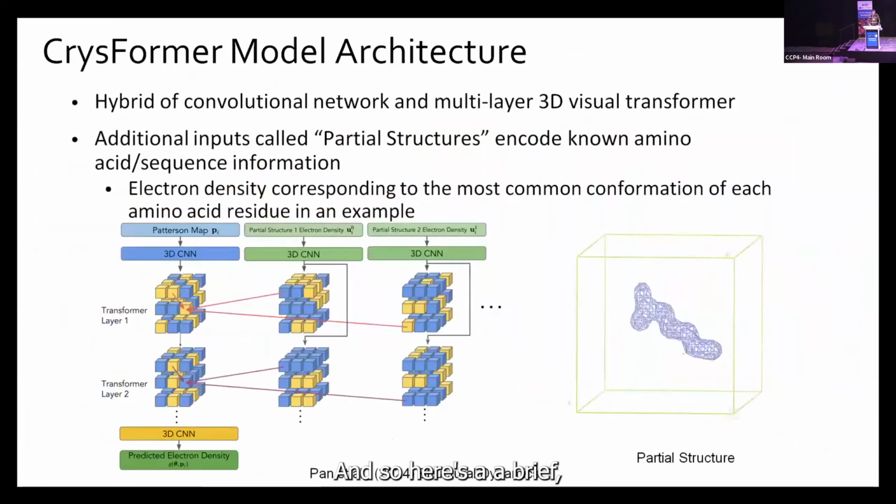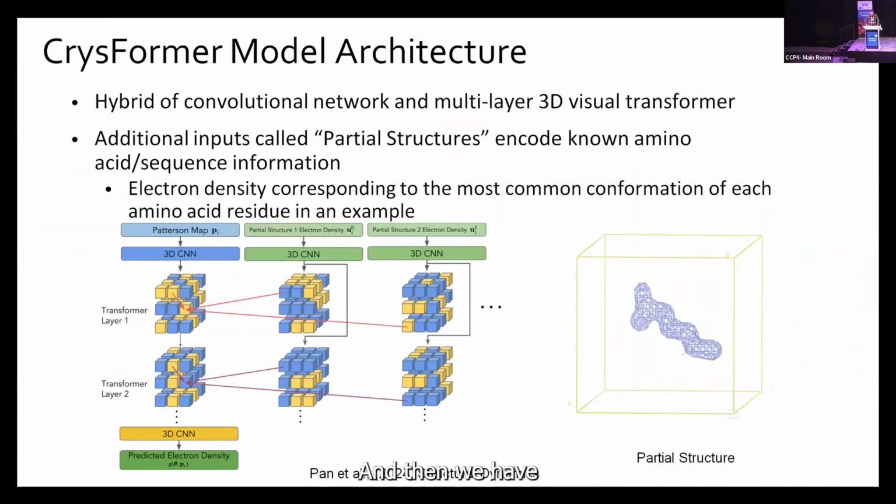And so here's a brief overview of what the transformer model looks like. It's bookended by convolutional networks: a convolutional network that does the encoding, then the transformer layer, and then another convolutional network that does the decoding.